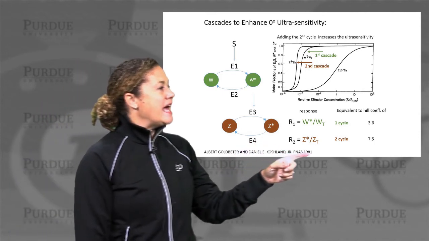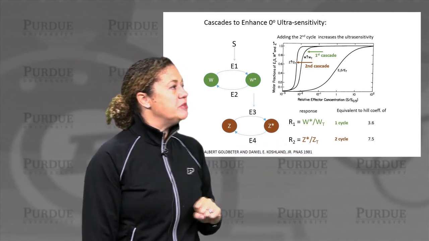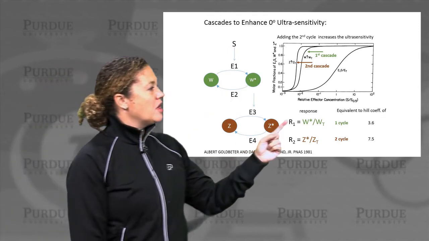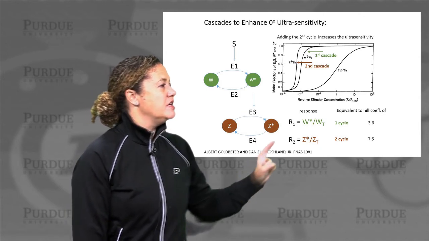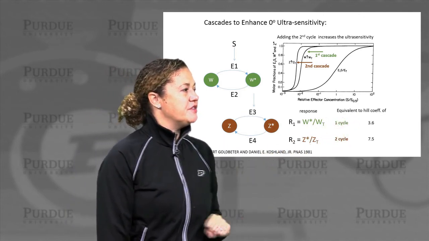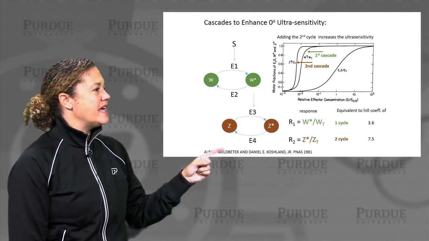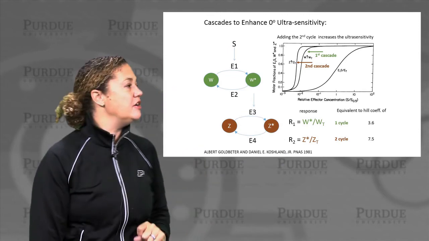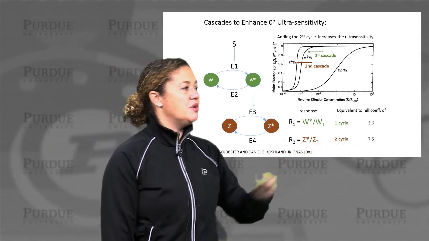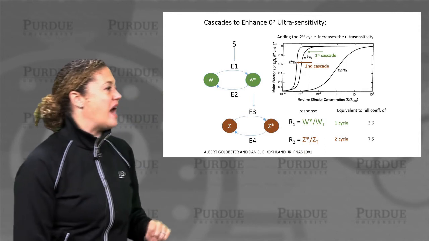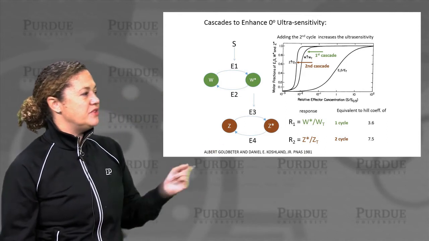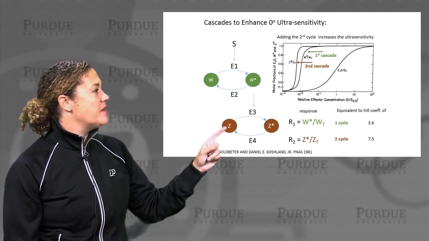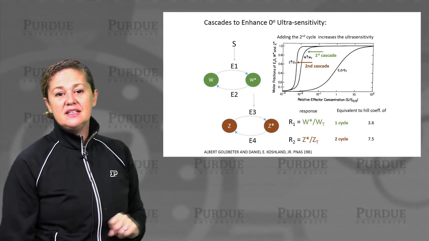If we were to fit this curve for W star, our first cycle, to a Hill function, it would be equivalent to a Hill coefficient of 3.6. But by adding the second cascade, this steepness, fit to a Hill function, would give us a Hill coefficient, an n, of 7.5. So you can see we've nearly doubled the equivalent Hill coefficient from the first cascade to the second in our system.